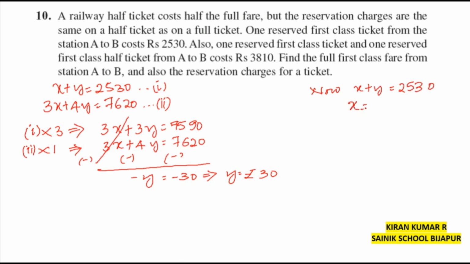So x will be equal to 2530 minus y, which is 30. We get the value of x as rupees 2500. Therefore, full fare and reservation charges of a ticket from station A to B is rupees 2500 and rupees 30 respectively.